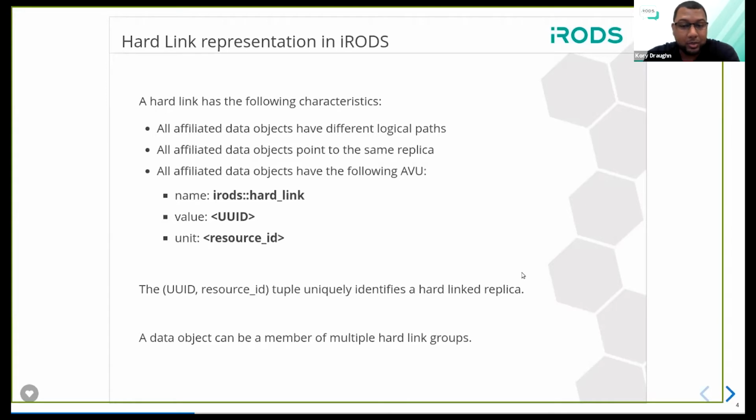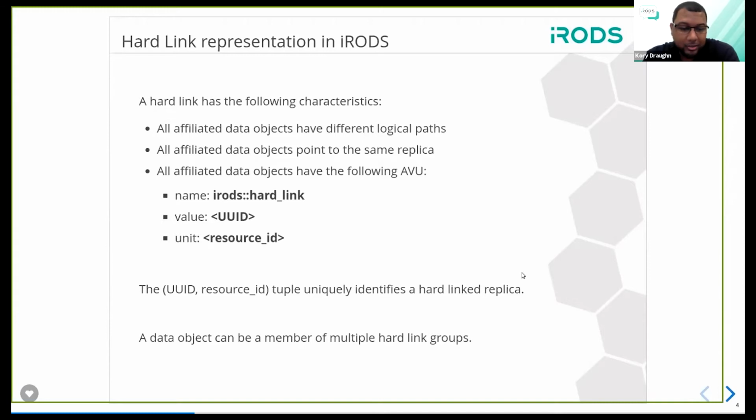All data objects will point to the same replica, and all the data objects in that hard link group will share the same hard link metadata. The most important pieces of information within that metadata are the value and unit fields. The value will always be a UUID, and the unit will represent the resource ID at which that replica resides.